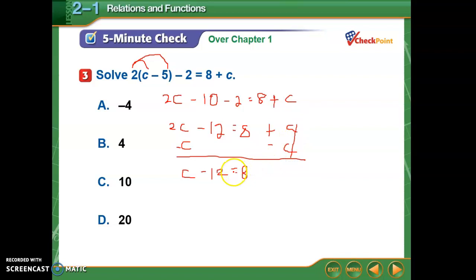Okay, and then you add 12 both sides. So what's your final answer? That would give you 20. Okay? So don't forget, distribute first. That was the common mistake in some of your homework.